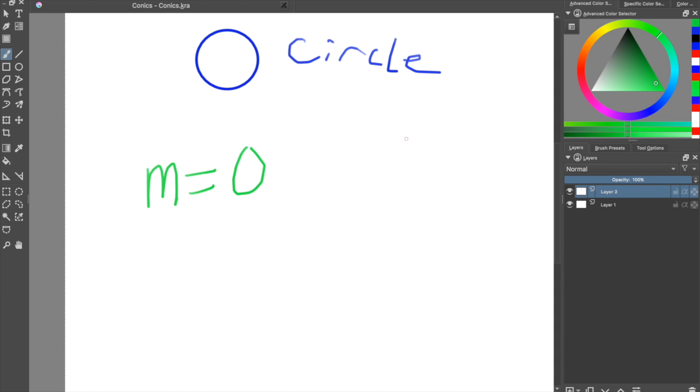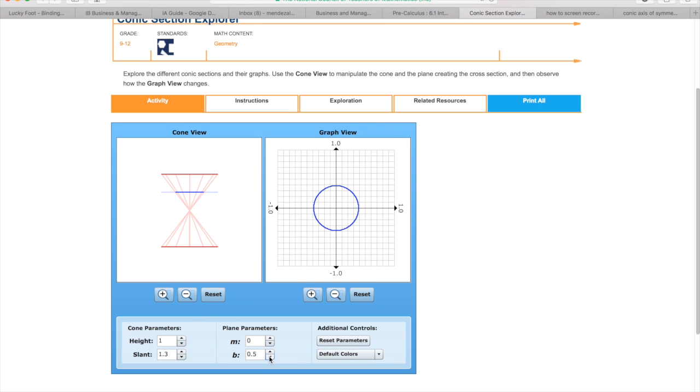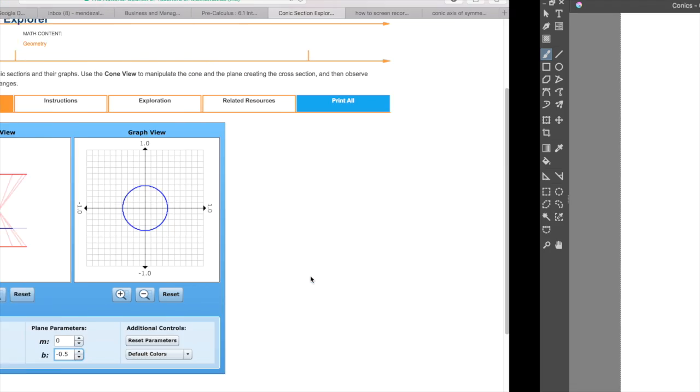That's nice. Let's see what happens if we have a circle and we start changing B. Starts getting smaller and smaller. The cut is getting shorter. And now we're right on the vertex of the cones. We start, and it starts growing again.